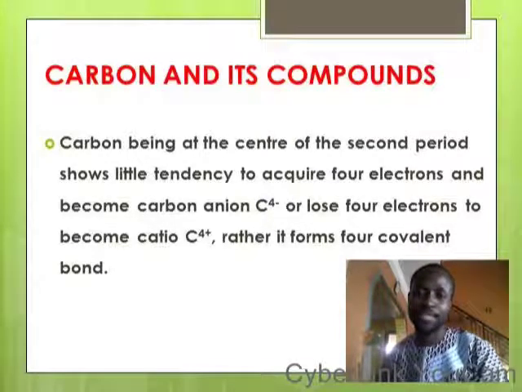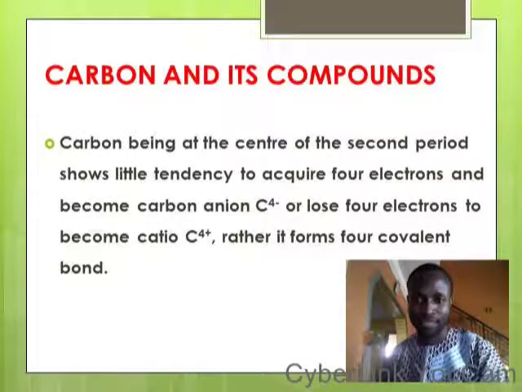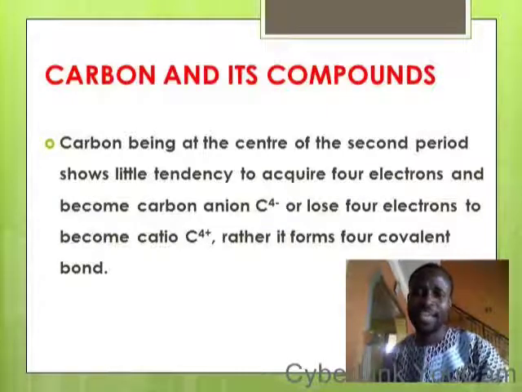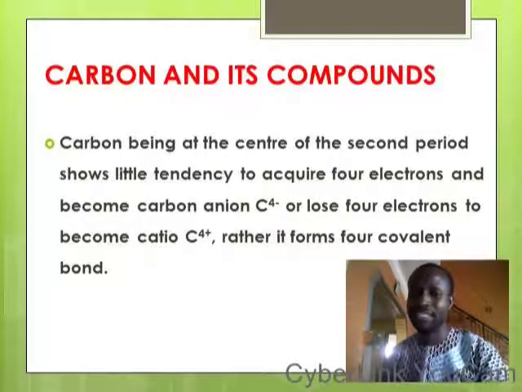If you draw carbon, the atomic number is 6. The K shell has 2 electrons, the L shell has 4 electrons. So carbon is a tetravalent element. It has 4 electrons and cannot give them.